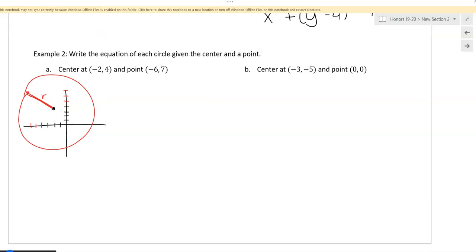Okay. I can draw a triangle to help me out with this problem. If I go straight over and straight across, I can count the lines. I went 1, 2, 3, 4 over, and I went 1, 2, 3 up. Okay. Now I can use our lovely Pythagorean theorem to find that radius.